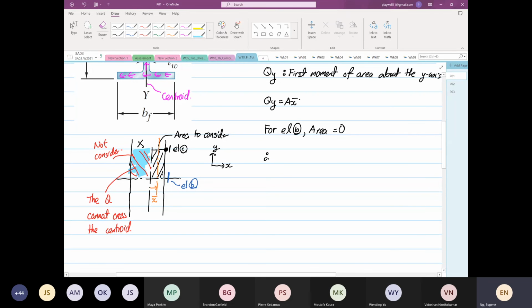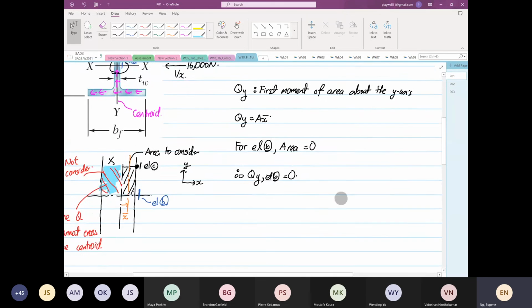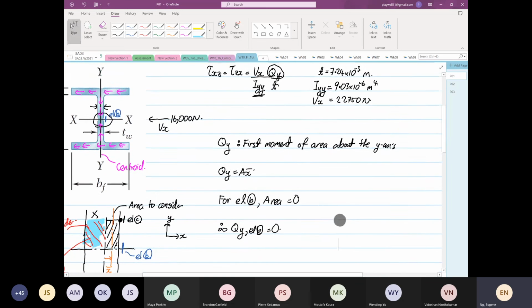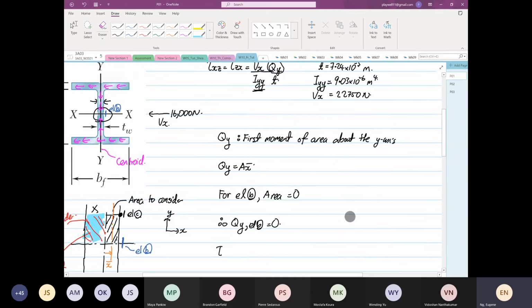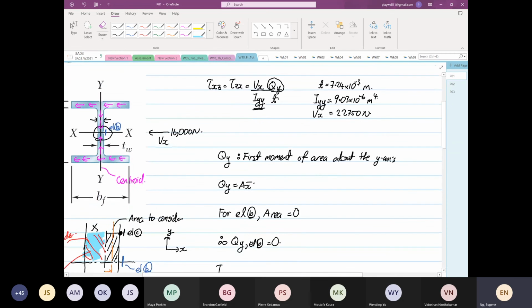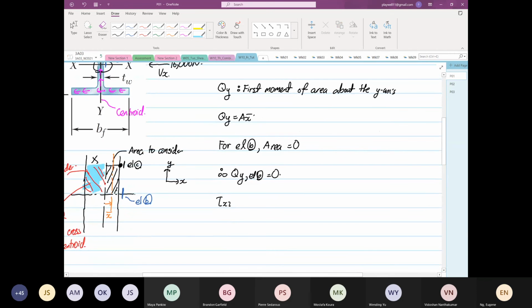Therefore, the first moment of area Qy at element B is equal to 0. So when that's the case, the shear XZ about point B is equal to 0, okay?